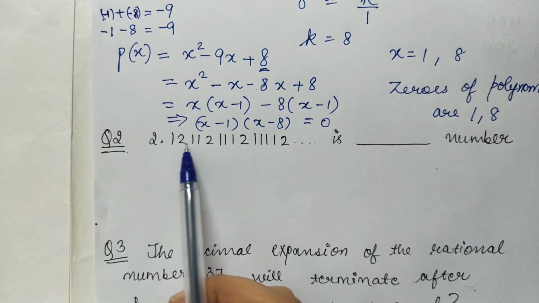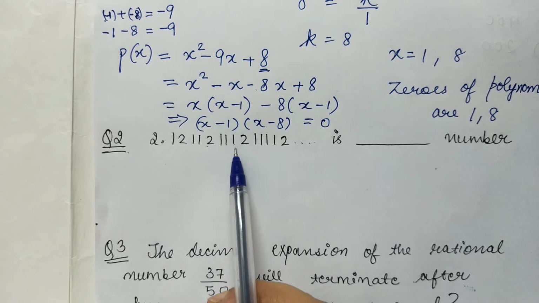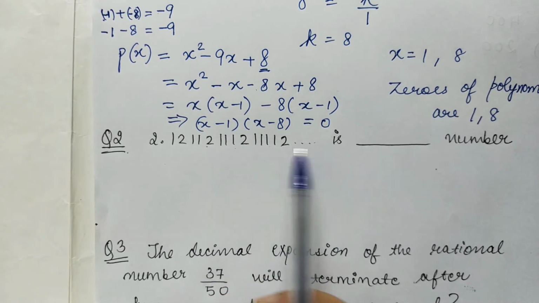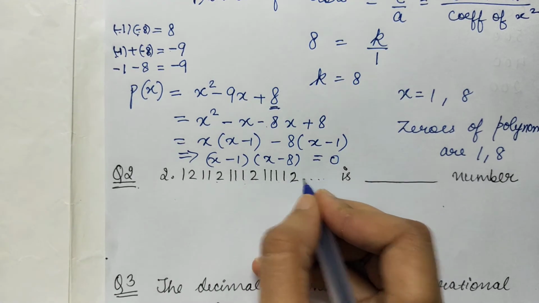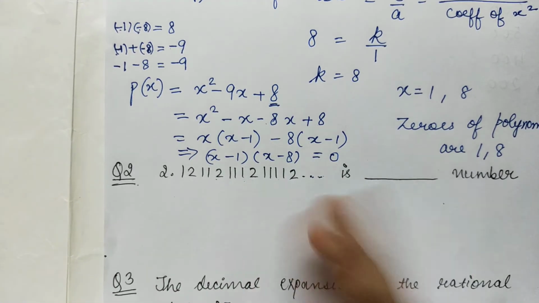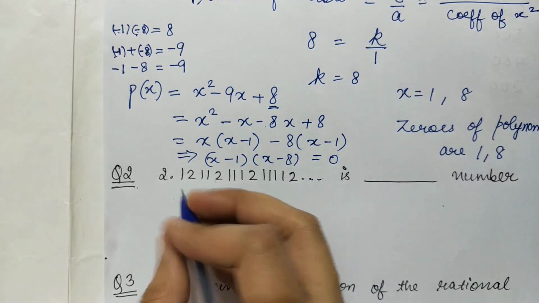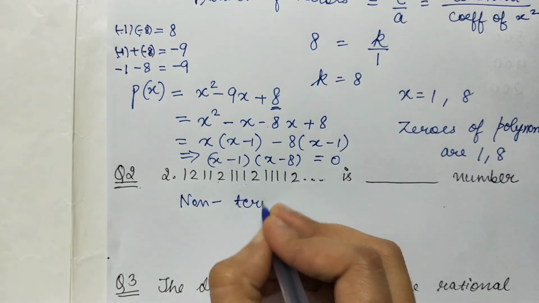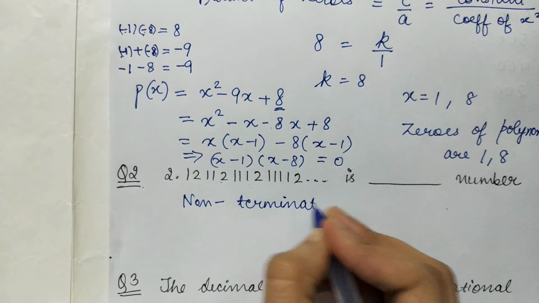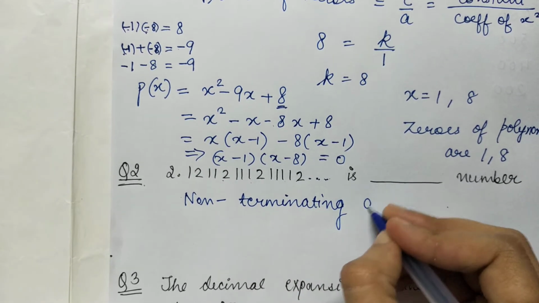0.12112111211112 and so on is a dash number. Which type of number is it? Its decimal expansion continues. It is not terminating, so non-terminating and non-repeating.